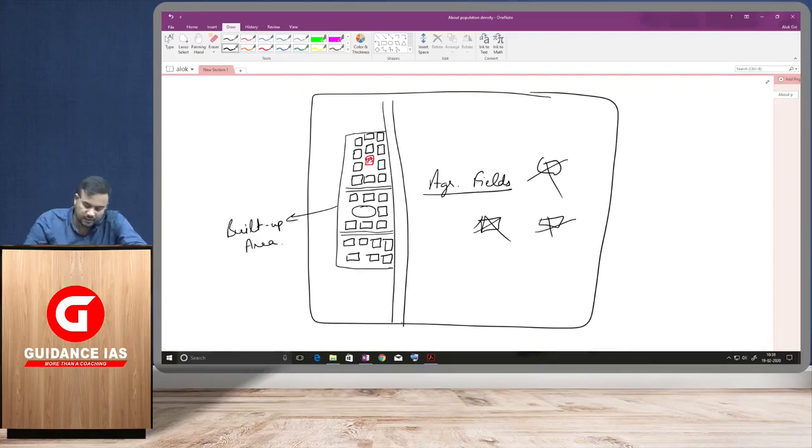Okay? So this plan, how the village has been formed, this plan is referred to as the ground plan.